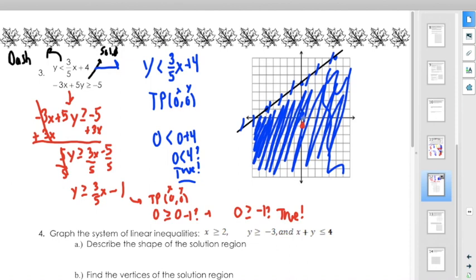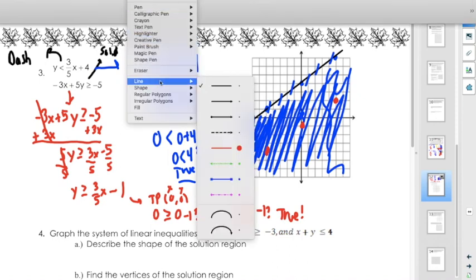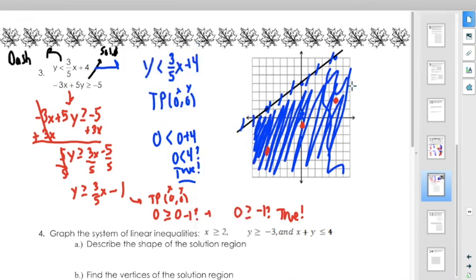Here at negative 1, I'm going up 3 and to the right 5. Can't go anymore. I'll go down 3 and to the left 5. And again, that's going to be a solid line, so I can connect that with a nice line and not feel obligated to put dashes because it's not dashes.